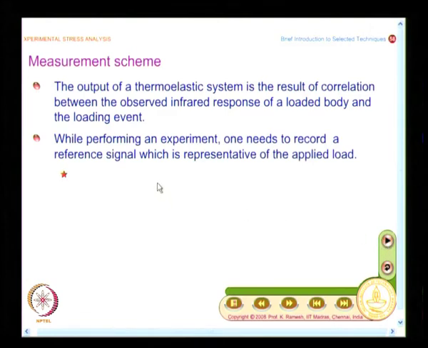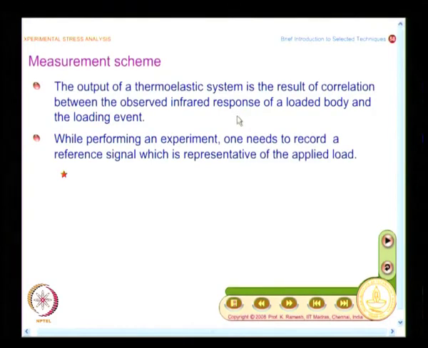And what you do is, as I said, you do not see the information directly. The output of a thermoelastic system is a result of correlation between the observed infrared response of a loaded body and the loading event. So, you have to make a correlation and you have to do post processing of it, then display the result.